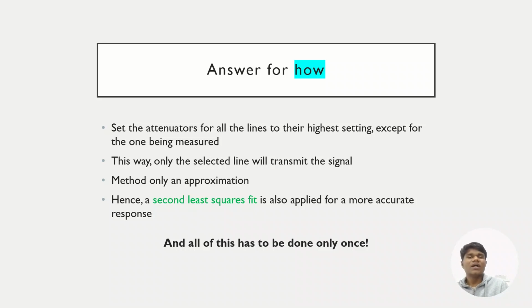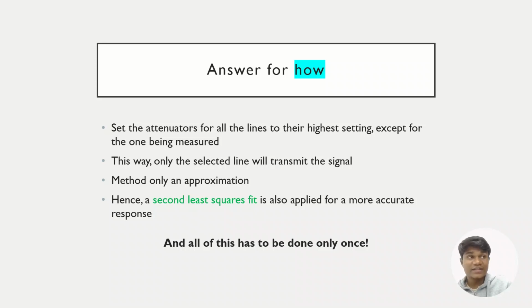But you see, the lines cannot have an infinite attenuation, so the method is only an approximation. So to be extra sure, we also apply a second least squares fit to get a more accurate response. What we do is collect more data and use that data to get a better value.